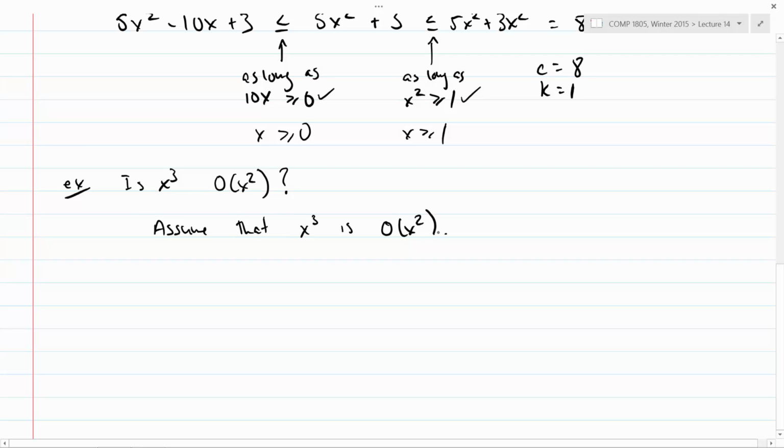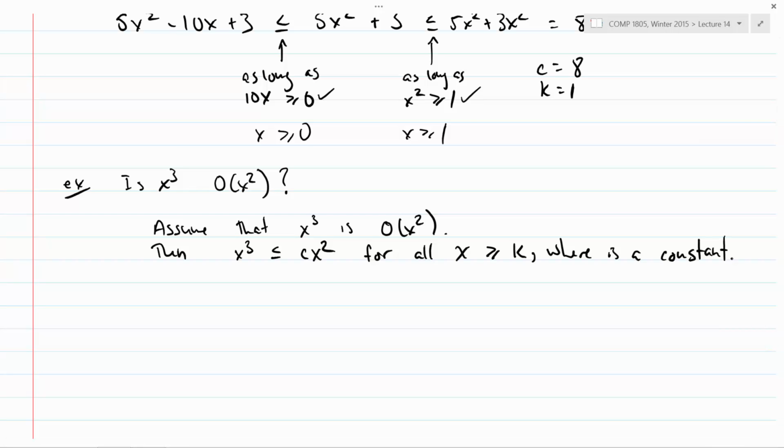So if that's true, what does the definition say? Well, then x cubed is less than or equal to c times x squared for all x at least k. And this is where c is a constant. That's what that's saying, if I sub that in.